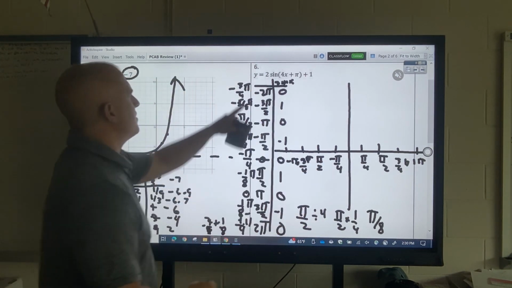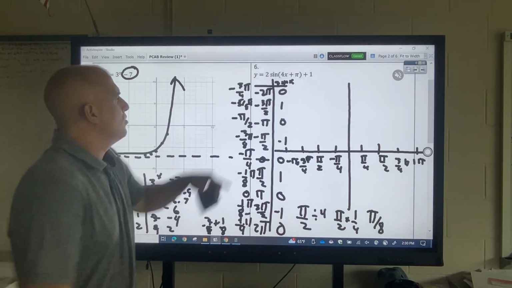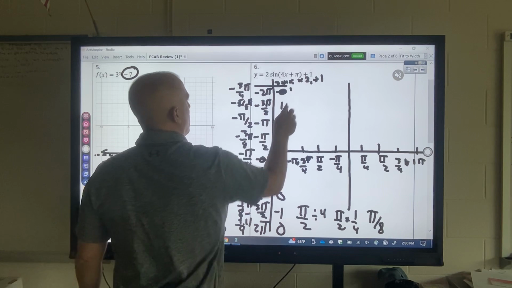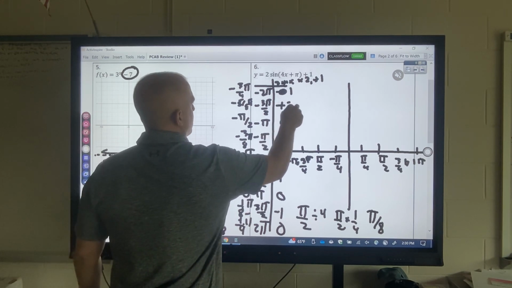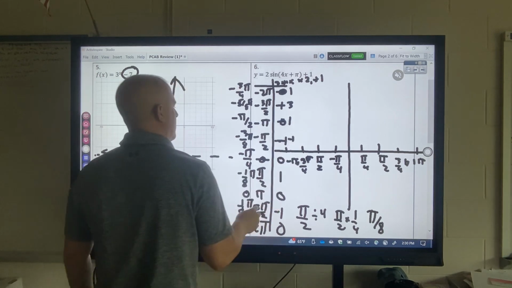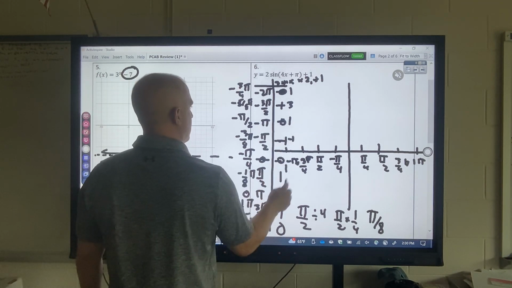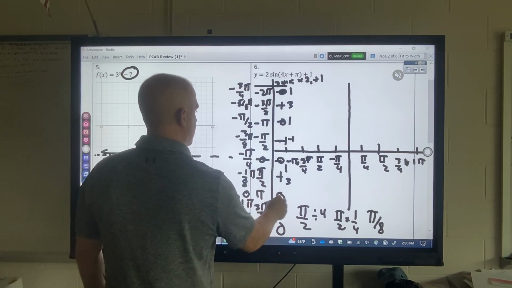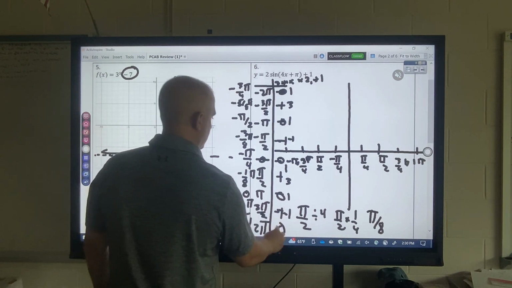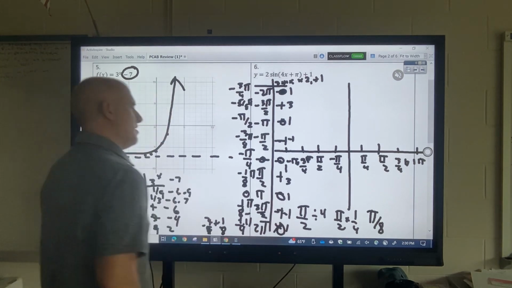Okay, now I forgot to do this. I want to multiply everything by 2 and then add 1, okay? So that's going to be 1, 2 times 1 is 2, plus 1 will be 3, 1, -2, it'd be -1, okay, so 1, 3, 1, -1, and 1. Okay, so I know it's a little messy.